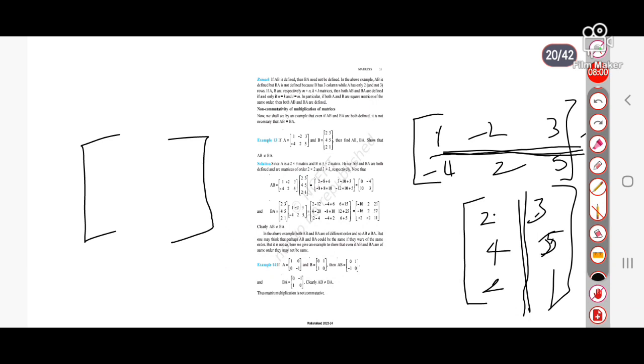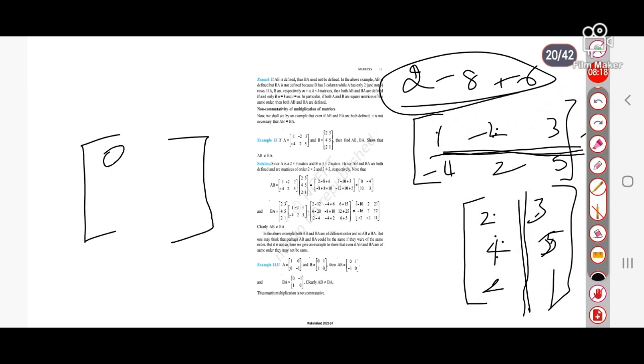So 1 into 2 is 2, minus 2 into 4 is minus 8, then 5 into 1 is 5... summing up we get 0. Then the first row with the second column: 4 minus 12 plus... we get around 6 and minus 4, yes, minus 4.